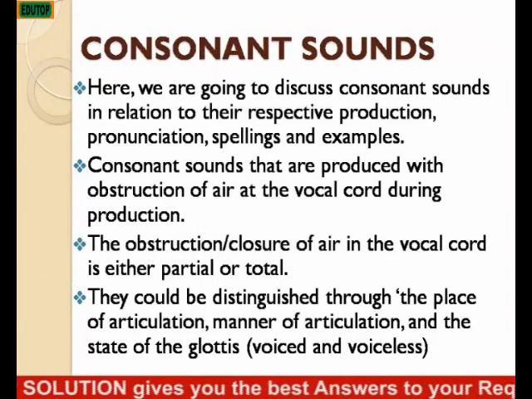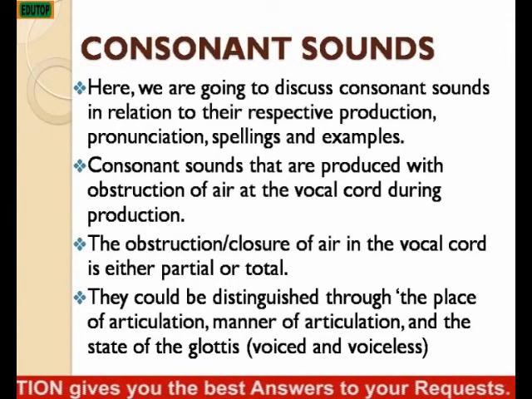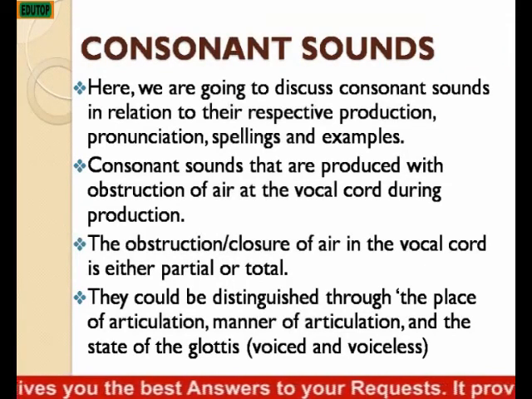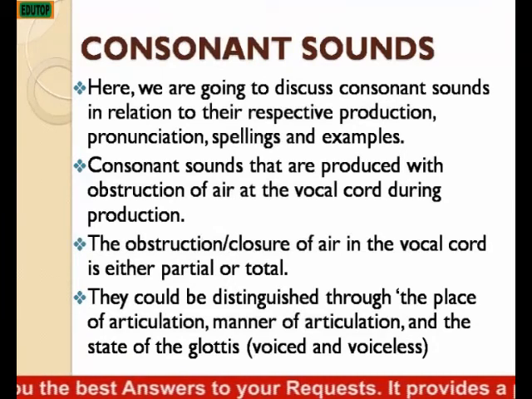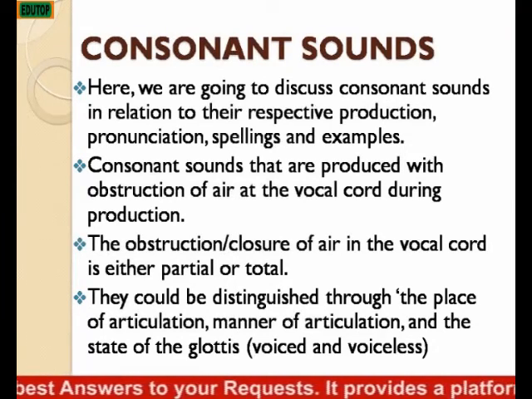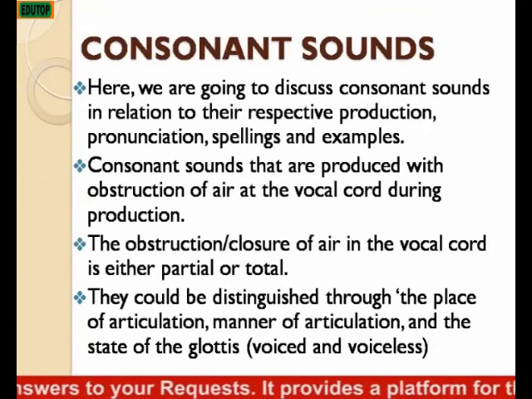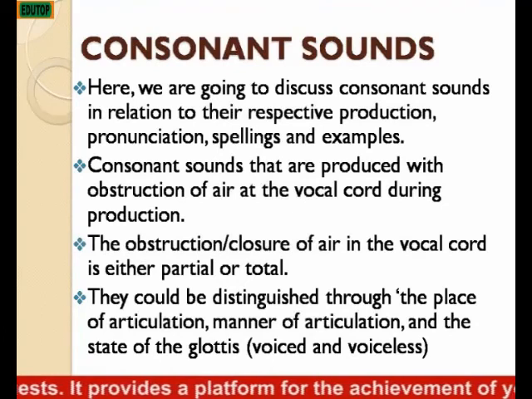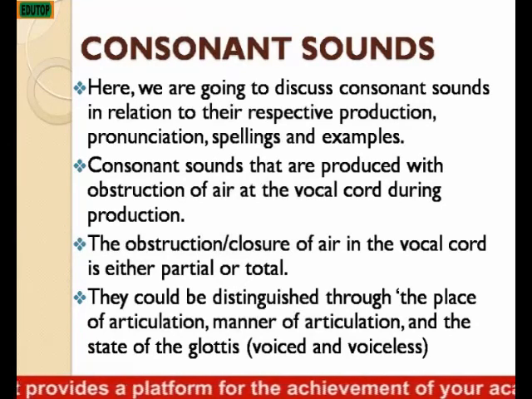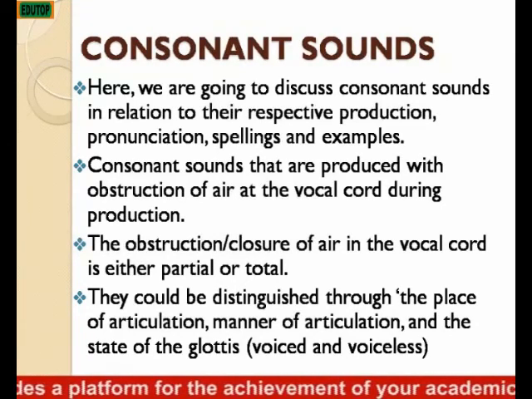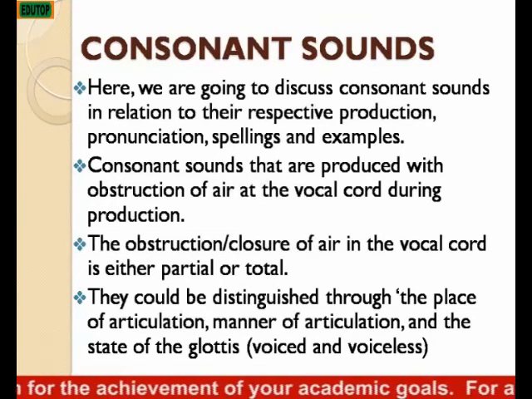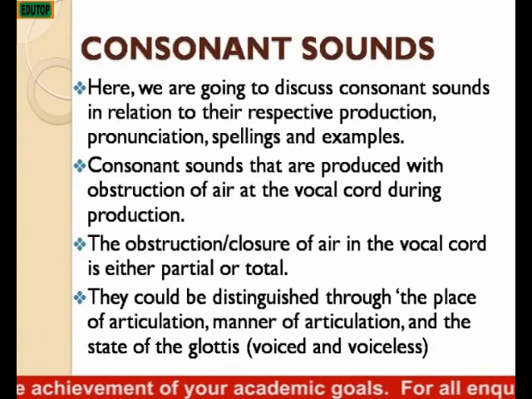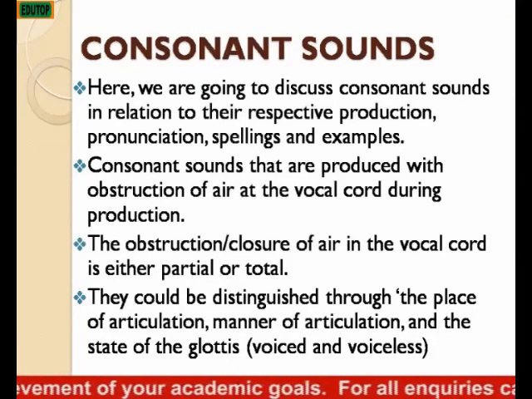That is, how air is obstructed at the point of production makes a sound voiced or voiceless. Then we'll be considering the obstruction or closure of air in the vocal cord, whether it's partial or total. We'll also consider the distinguishing features of the place of articulation and manner of articulation, as well as the state of the glottis.